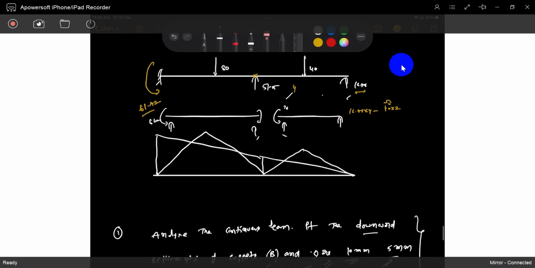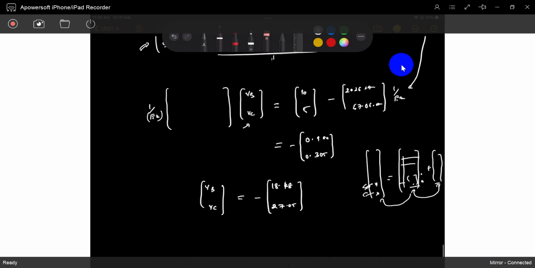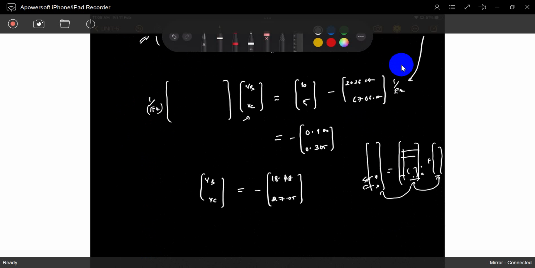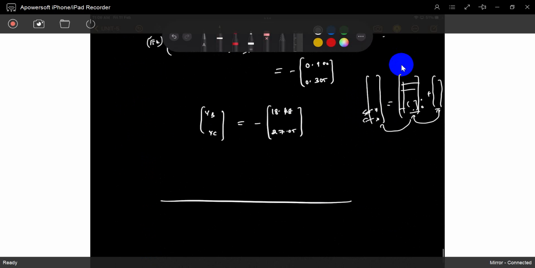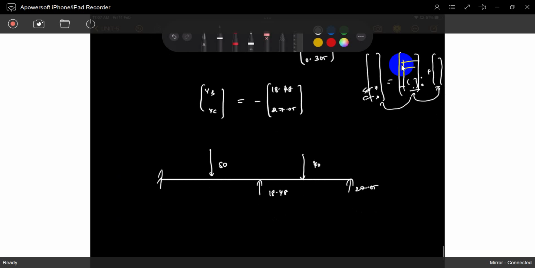Okay, now you can see the same problem we solved. You will get these values. If you write them down, this value is 18.48, this value is 27.05, this value is 40, this value is 80. So now what is the moment here?